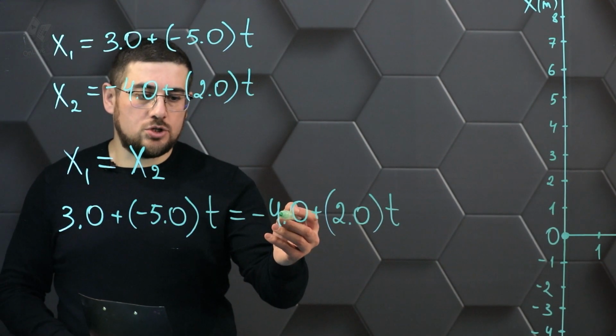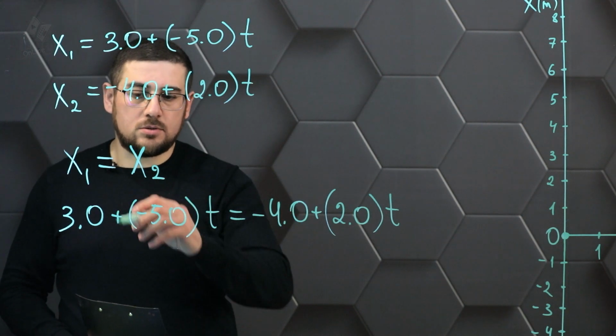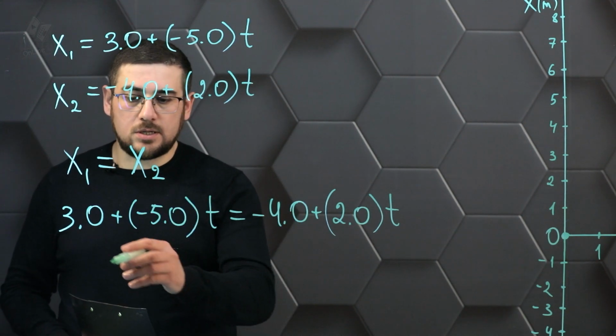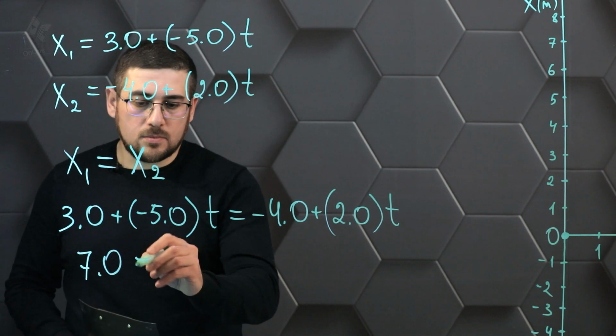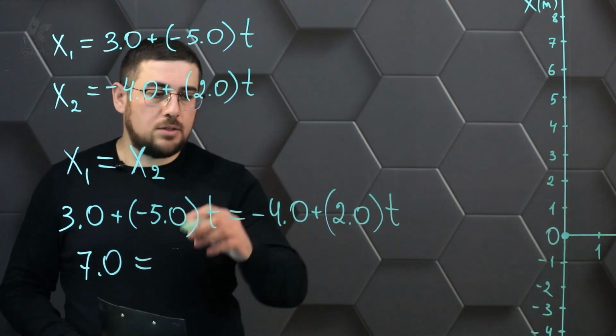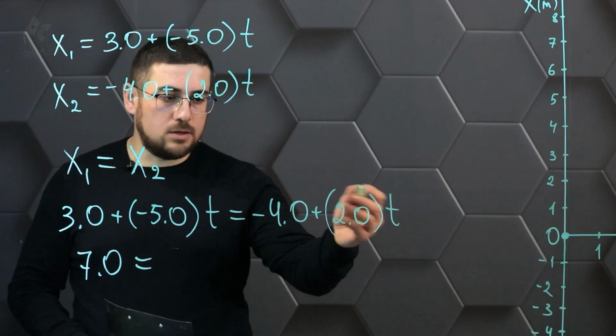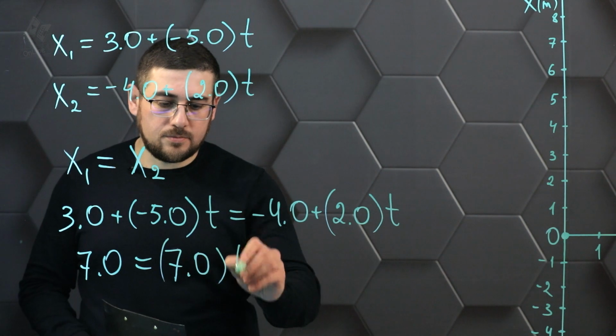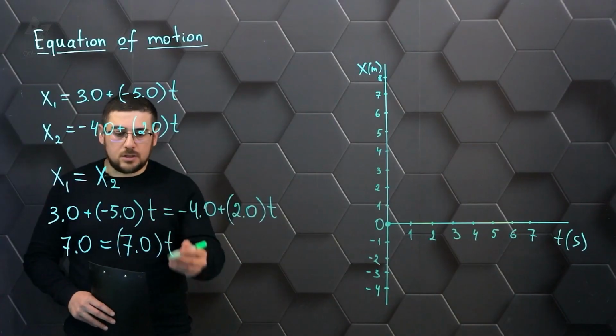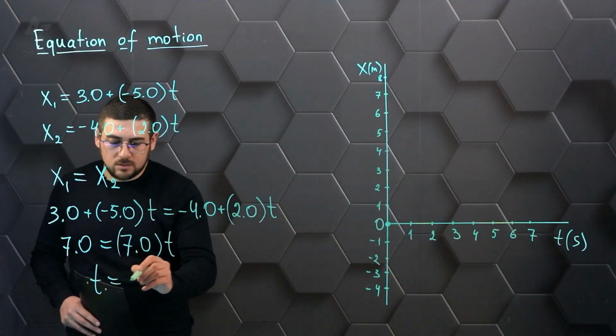Here we see that the 4 with a minus sign is transferred to the other side of the equation with a plus sign. We get a total of 7 here. And here minus 5t is moved to the right with a plus sign, and plus 2t makes 7t. From here we see that time will equal 1 second.